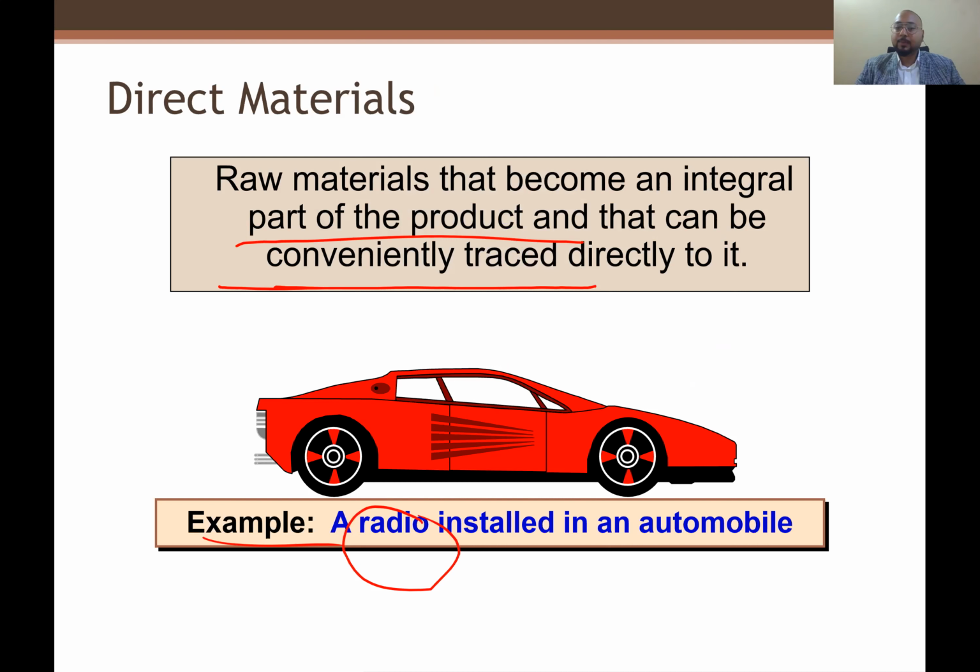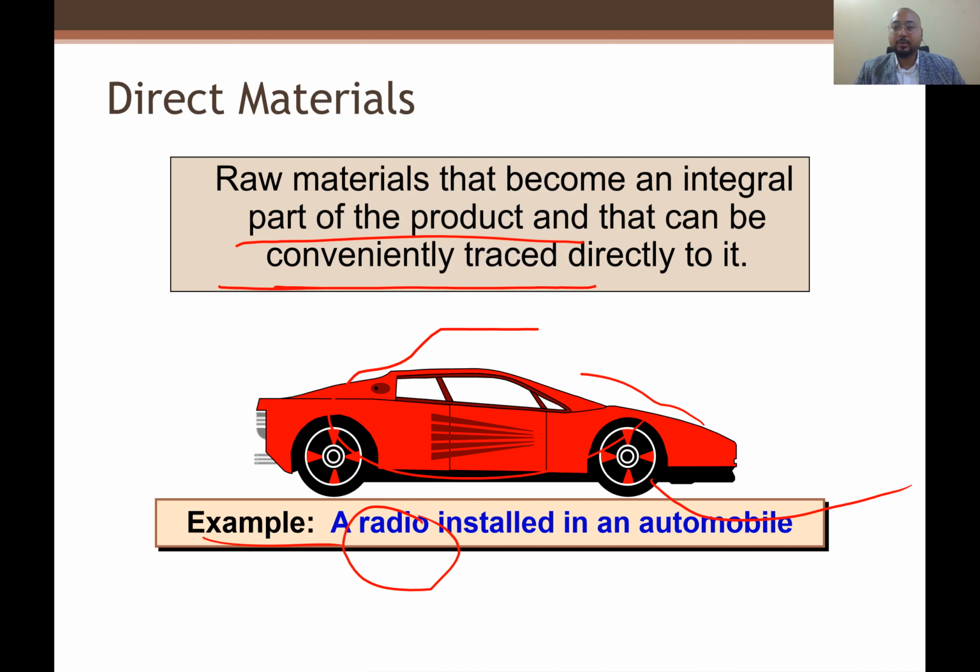That's it. The cover here is also raw material, right? You know how many kilograms or how many tons of steel you are going to need. Similarly, the cost of tires is easily traceable, right? 4 tires are needed. You are installing Michelin or some other brand of tire, easily traceable.